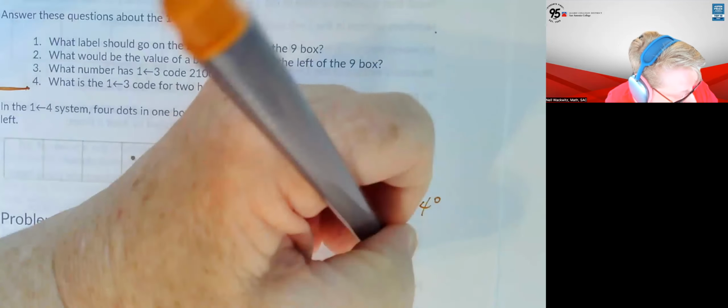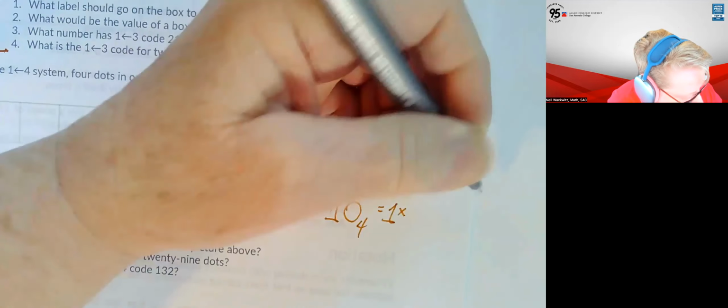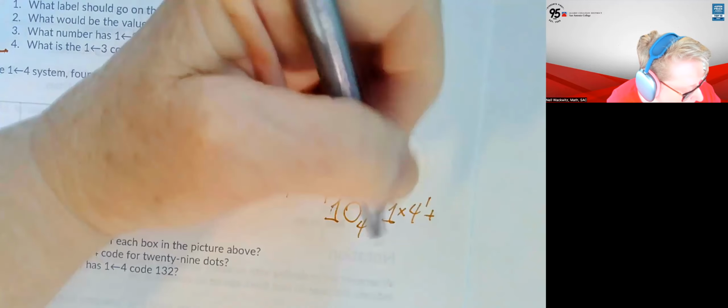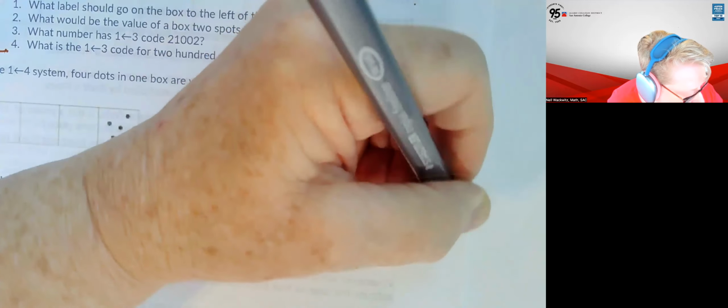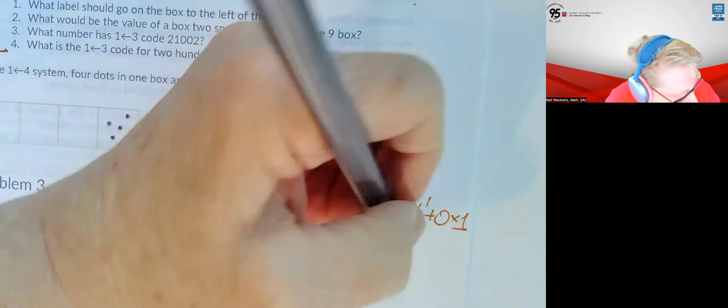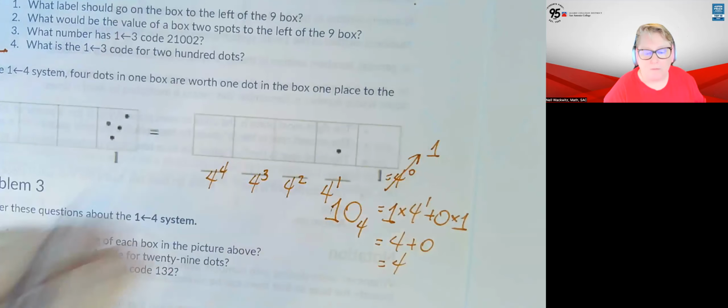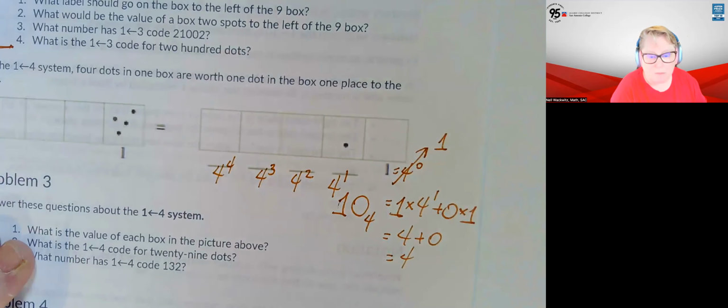So what is that equivalent to base 10? Let's see. We have 1 4, and we have 0 1s. Remember, 4 to the 0 is 1. So that's 4 plus 0. That's 4. Oh, cool. So 10 base 4 is just 4 base 10.